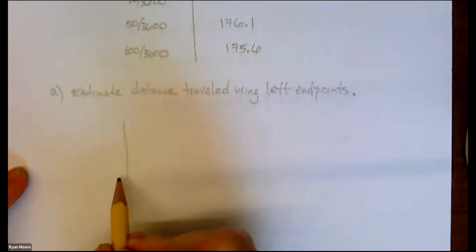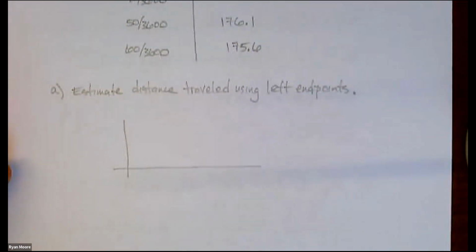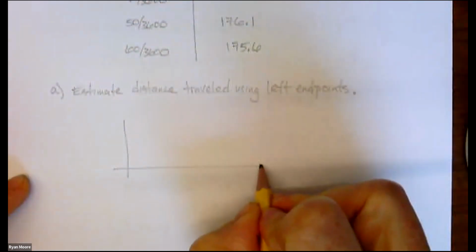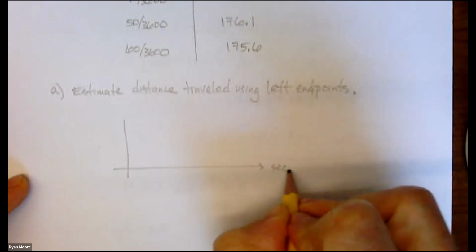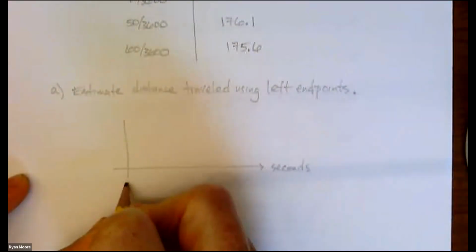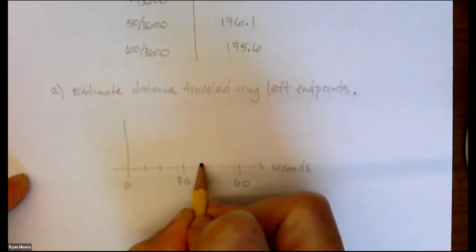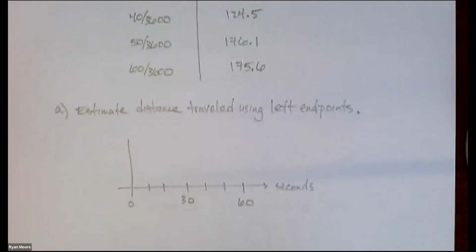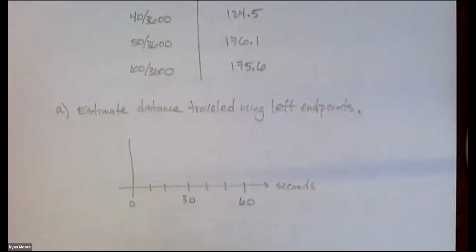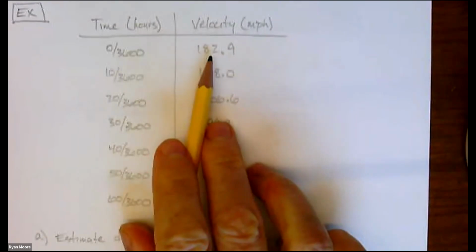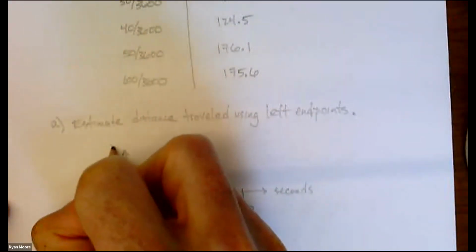So I'll just draw a quick sketch. If these are seconds, 0, let's say 60, there's 30 seconds, 10, 20, 40, 50. So we've got the seconds, and this is velocity.